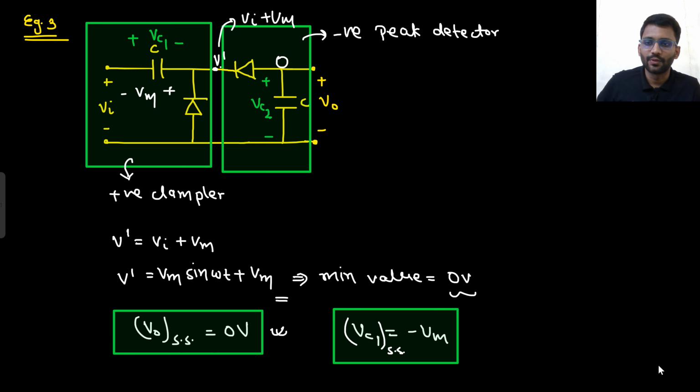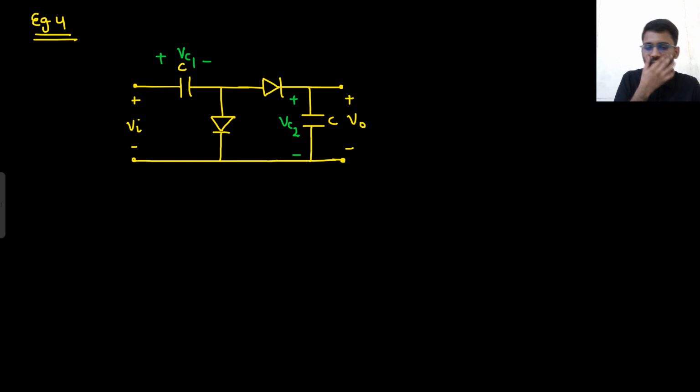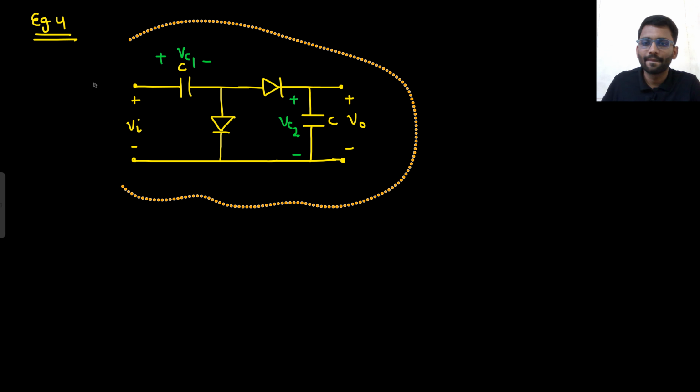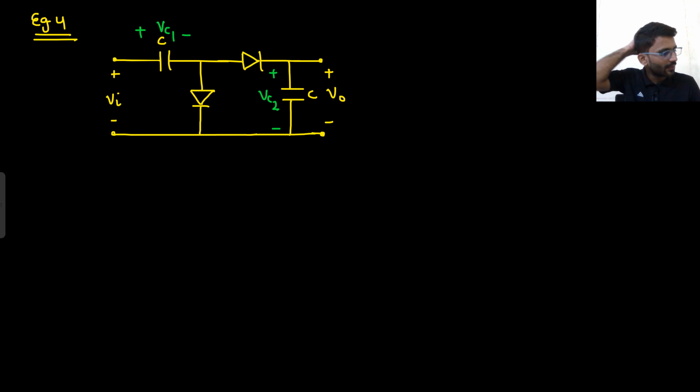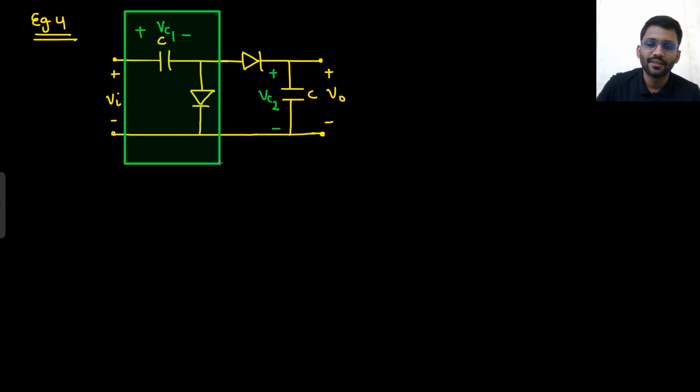Now let's move on to the next circuit, example 4. So what do we need to do in this one? What do you think the answer will be? 2 Vm, minus 2 Vm, Vm, 3 Vm or 0? Again 0. Why so? What is this circuit?